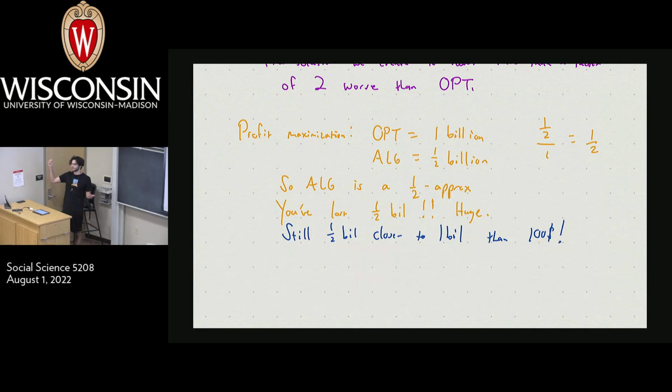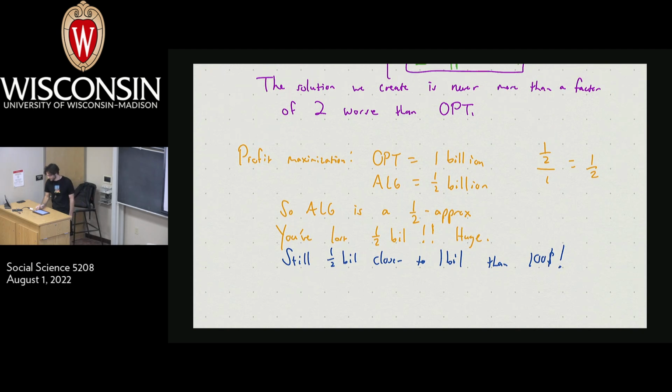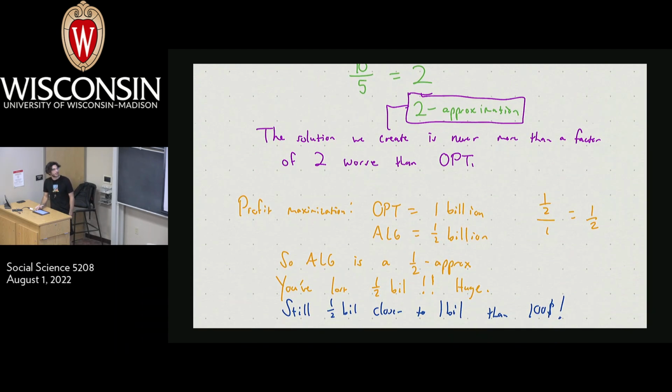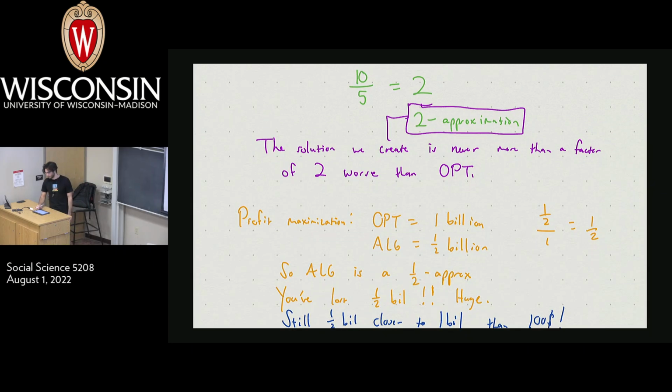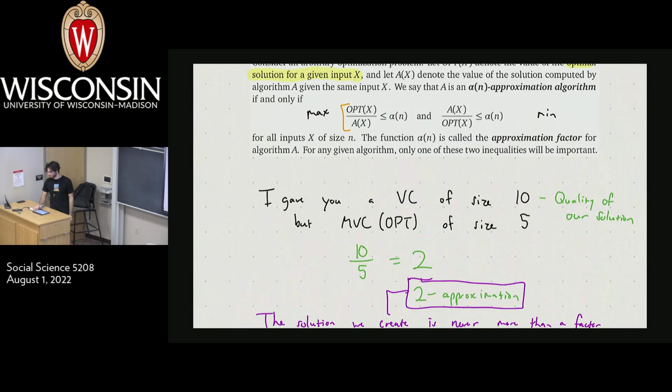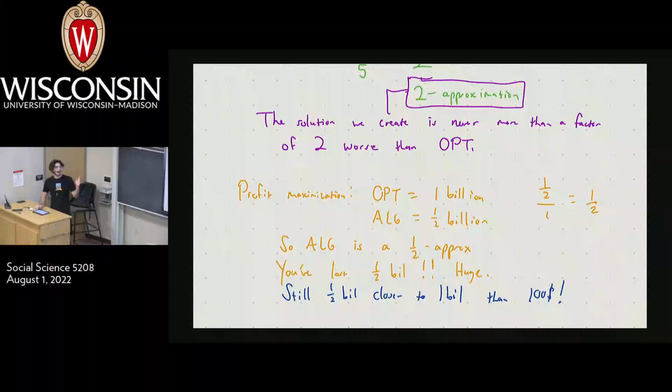The extra half isn't really helping you. So that's why we focus on ratios. It's basically good enough, and it's going to be mathematically much easier to analyze. There's still a theory of additive approximation where you consider, like, oh, it's opt minus something, and that's its own theory. But we're going to focus on this multiplicative theory.